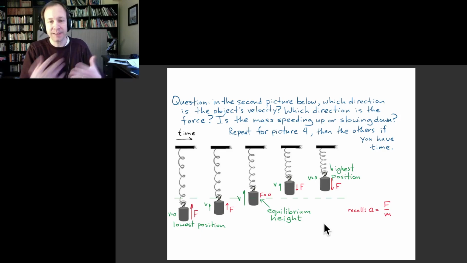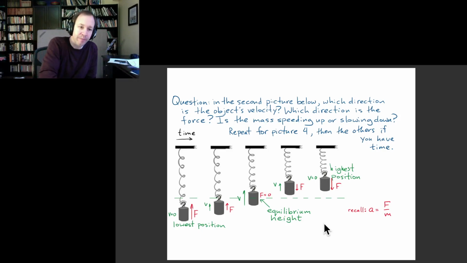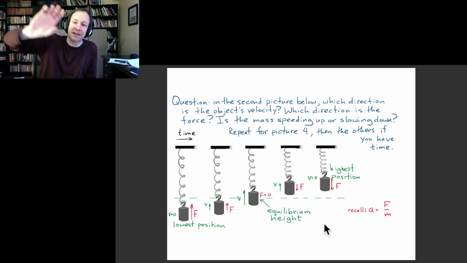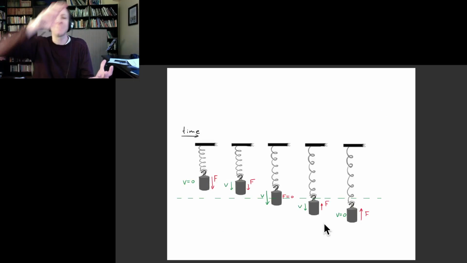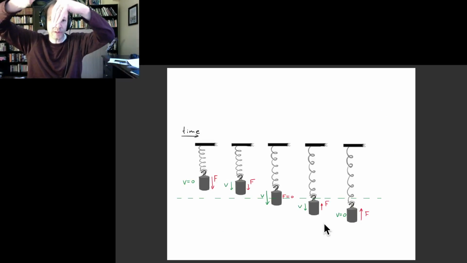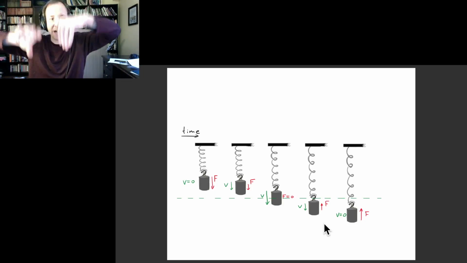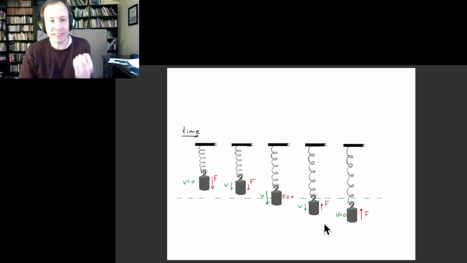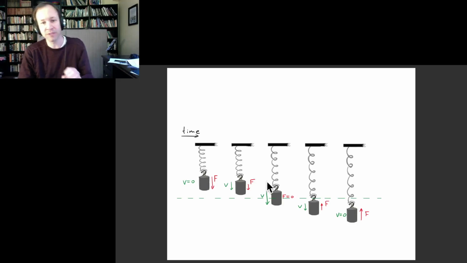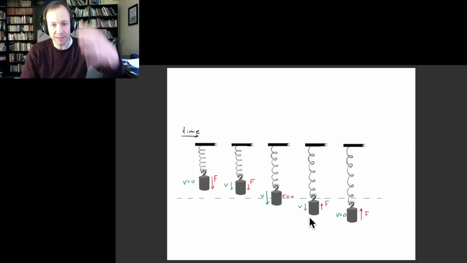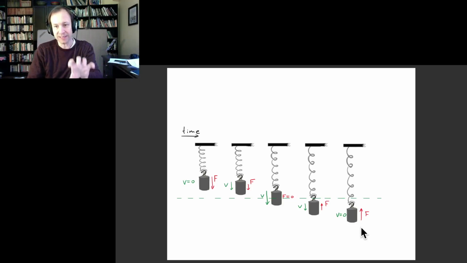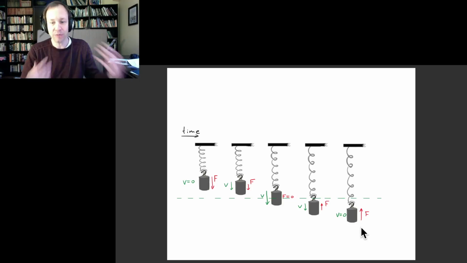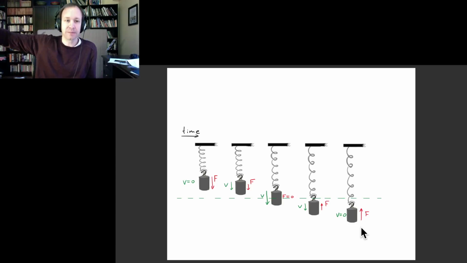And so this is how we can understand the motion upward, accelerating through the equilibrium height and then slowing down and then getting to the highest position. And then from there, it's just the opposite. Now the downward force is going to cause an increase in downward velocity, and that will continue to increase until we get to the equilibrium position, and then it'll start slowing down, and then eventually we get back to the situation where the velocity is 0, and then we're right back at the start, and so then it repeats.